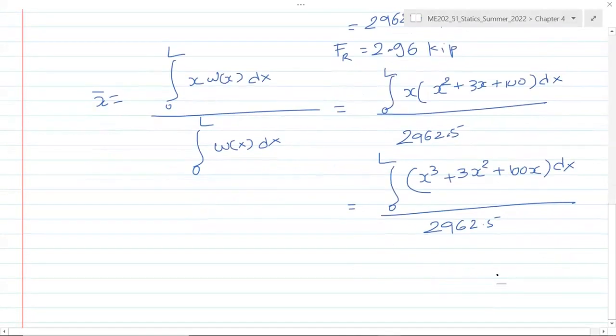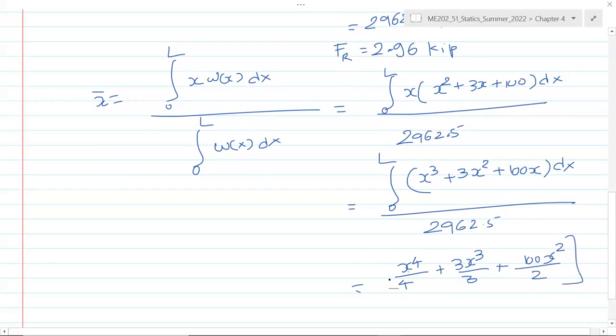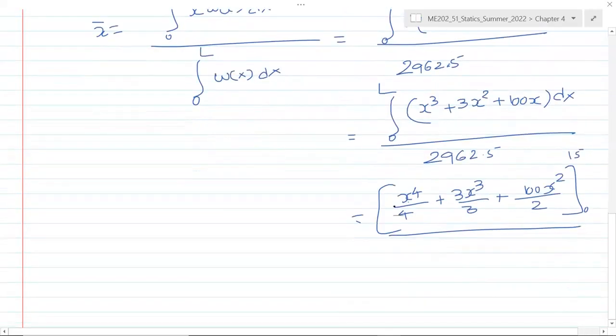Okay, and we'll continue that. The integration of that is x to the power 4 divided by 4 plus 3x cubed divided by 3 plus 100x squared divided by 2, and then substitute 15 minus 0 for x. So substitute x equal to 15 here.